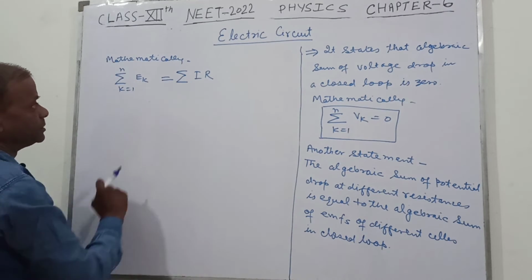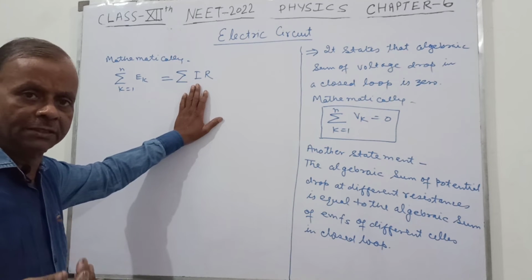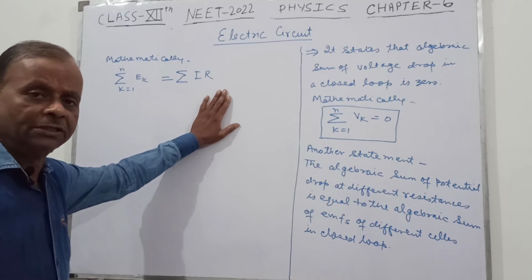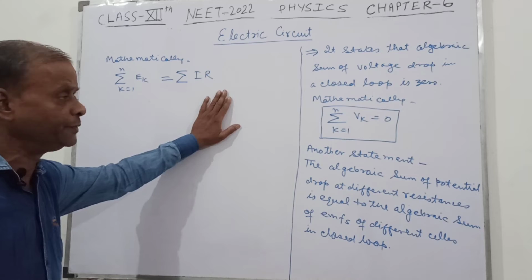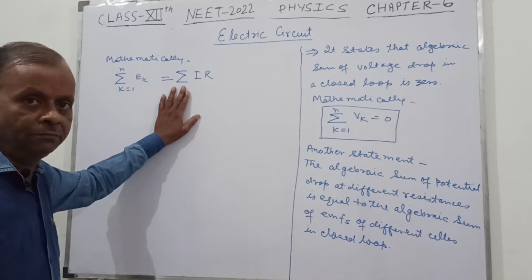Here the values of I1, I2 are not necessarily the same or equal. I1 R1, I2 R2 may be different.